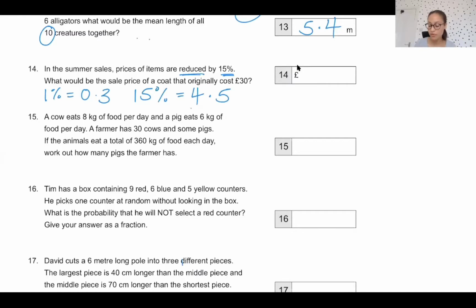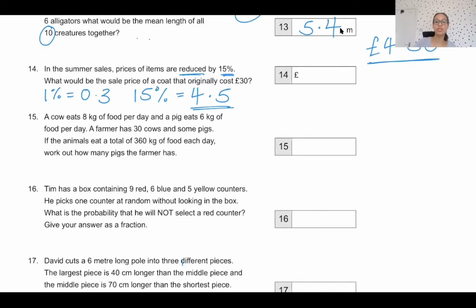Now, 4.5 written as money, this is where you have to be careful. We have to add a 0 to it, but the 0 has to go on the end. You can't put a 0 just in the middle of a number. It doesn't work. So we have 4.50. So 15% is £4.50.